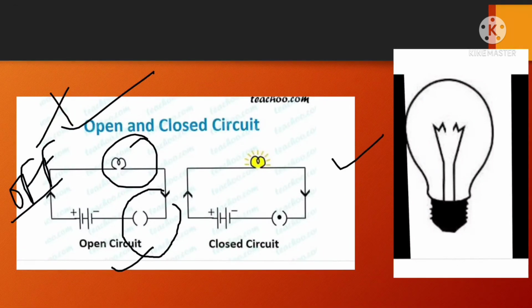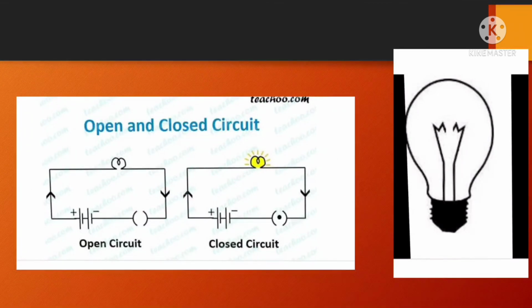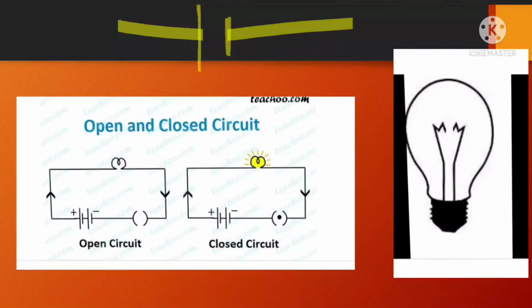Whereas in the next case, see, what is this? Can you tell me? What is this? This is called battery, children. This is battery. See, this is very important. When there are two lines, only two lines in a circuit, one is positive and other is negative. So this is called cell because one cell has one positive side and one negative side.